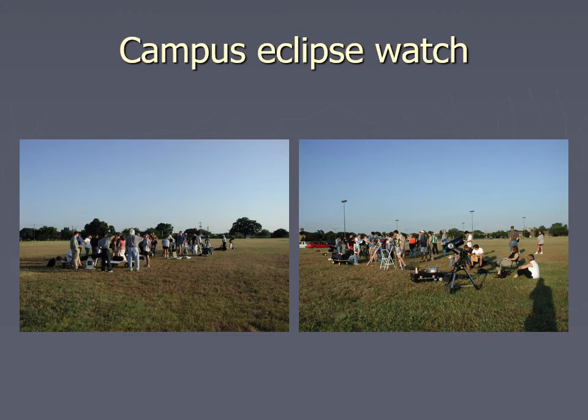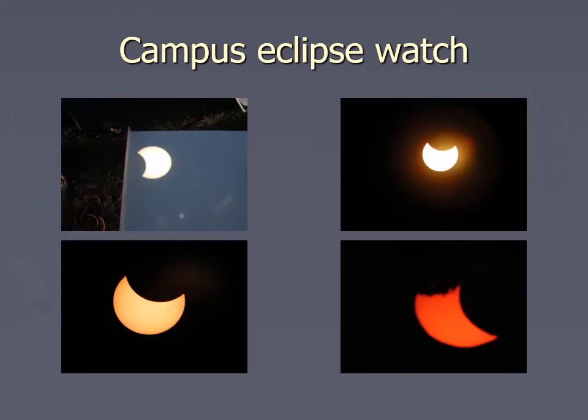So, there actually was a partial eclipse visible from the TCC campus a number of years ago, and we set up telescopes to watch the partial eclipse here on campus, and those are some photographs that we actually took of the eclipse.